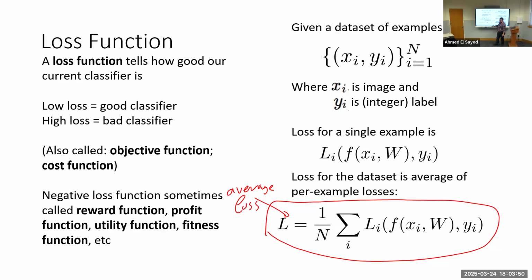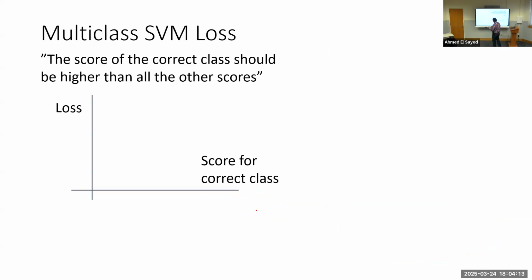Okay? So that's the concept we will apply. Each sample is applied to the classifier to produce a score. This score is compared to the original label, producing a loss value. We sum those over all the samples and find the average. Now, what is the best loss function for a classification problem?